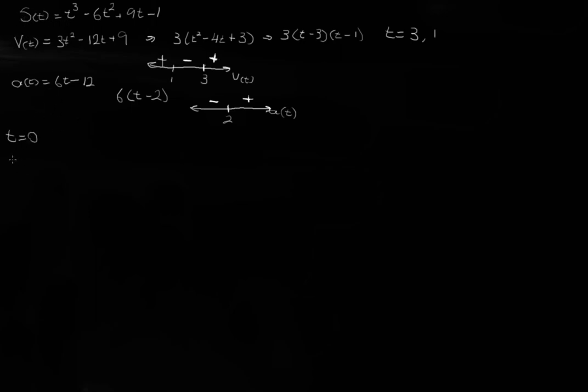So S0, 0 cubed is just 0. So any point where I've got t is just going to be 0. So in this case, our displacement is going to be minus 1 centimeter. What's our velocity at this point?